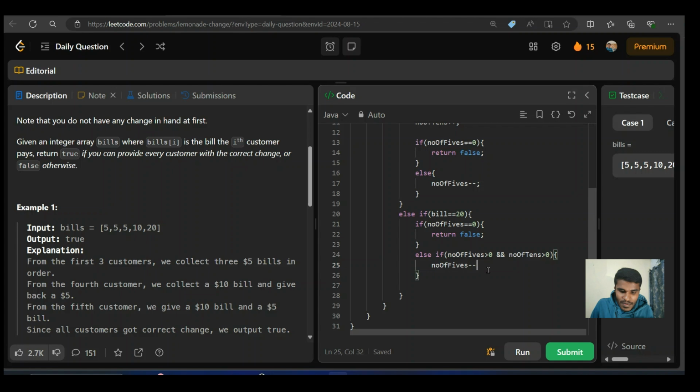I decrement number of fives here, and I also decrement number of tens here.